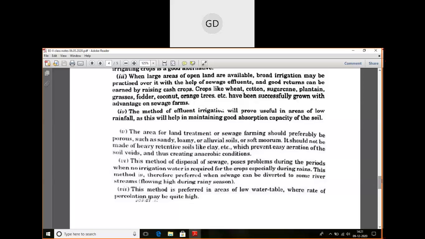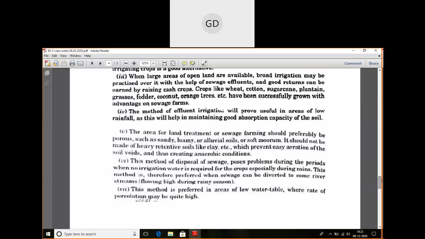In an area where rain happens periodically, it poses a problem. So this method is preferred when the sewage can be diverted to some river streams during a very heavy rainy season.